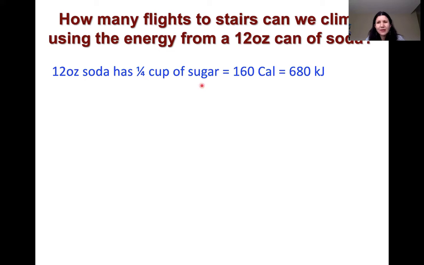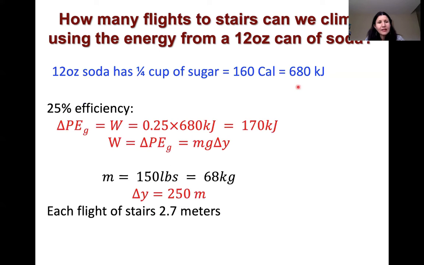That might make you reconsider drinking soda ever again. That's a lot, which translates to 160 food calories or 680 kilojoules of energy. All right. Now let's use the fact that our body is about 25% efficient.